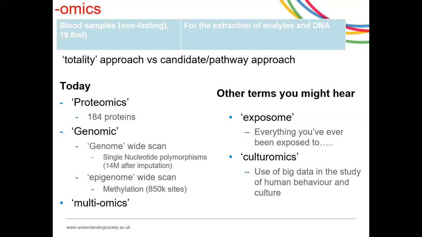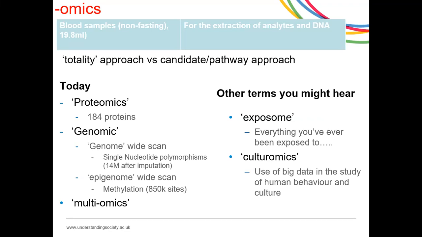There are other terms that you might come across in this new omic world, and so people do something called exposome approaches, and that's really everything that's not genetics or genomics in terms of your exposure. So everything you've ever been exposed to is the exposome, and when you go to that literature, at the moment it appears like it's everything that you've ever been exposed to in terms of chemicals, really. So the pollution literature often talks about it being the exposome, and it's really all the different chemicals that you might have been exposed to.